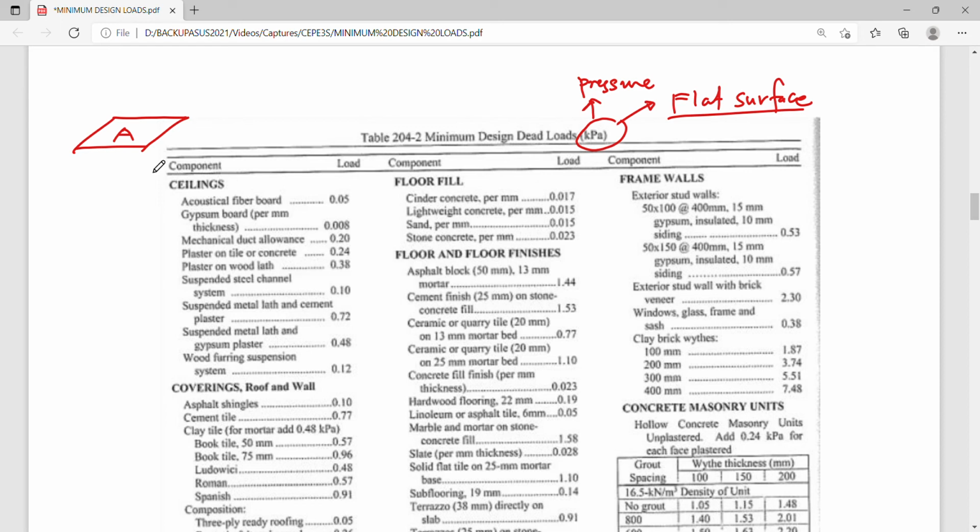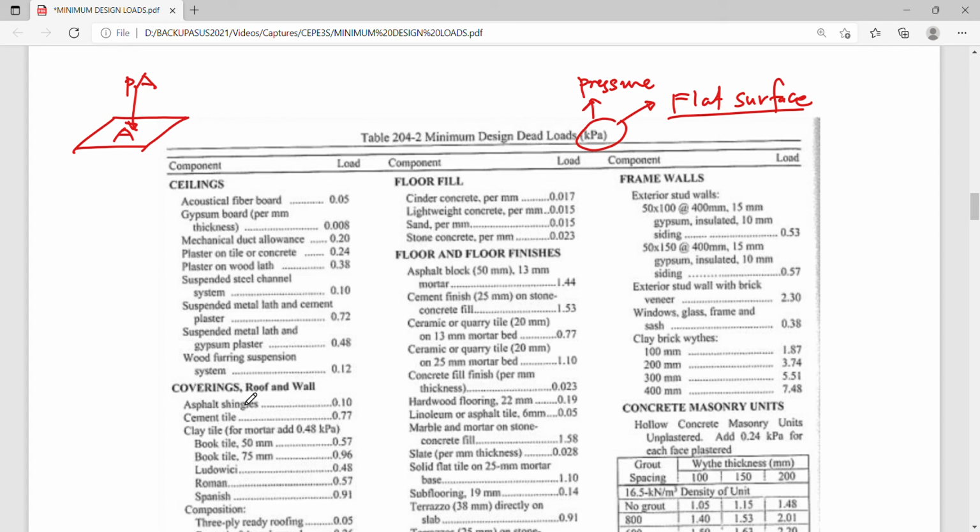So if you know the area and the pressure P, you get the total force here. So this is simply equal to P times A. So all flat surfaces in terms of the geometrical representation of the surface upon which the load is applied, we will be using table 204-2 as reference.